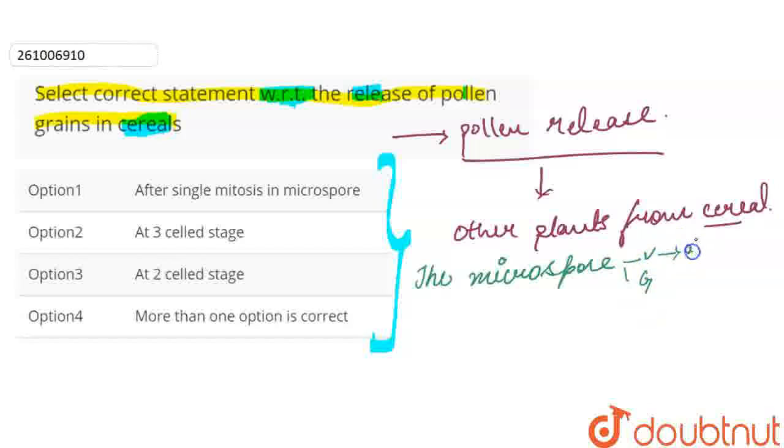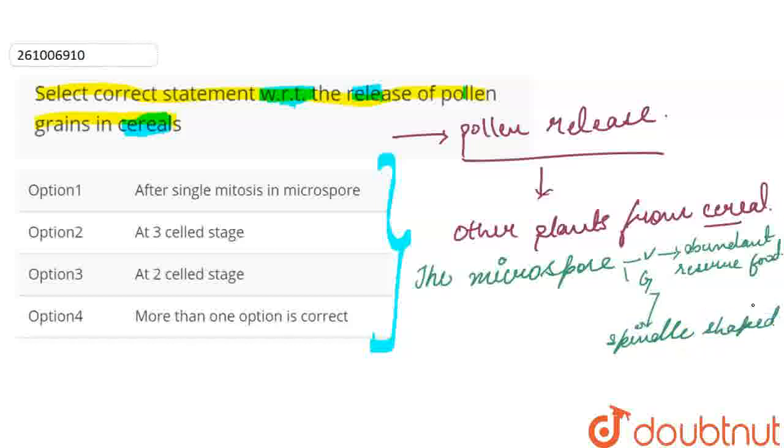and a large nucleus which is irregular in shape, while the generative cell is spindle shaped.